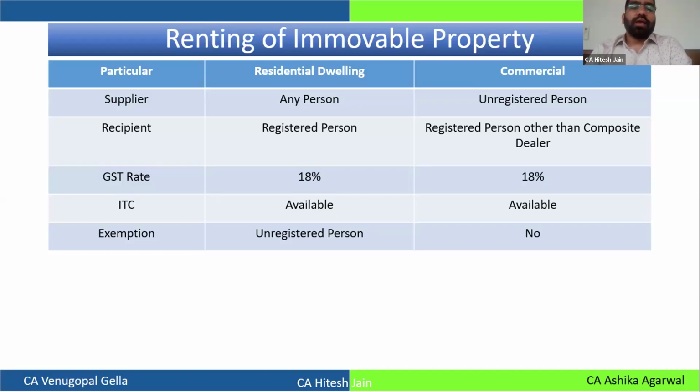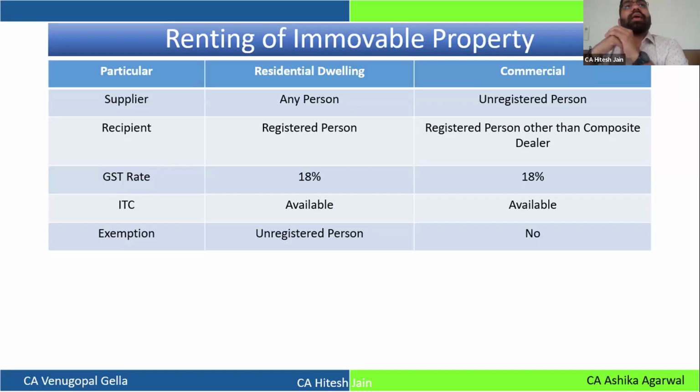Now we need to know that in case I am letting out a residential dwelling to any unregistered person, then it was exempt from day one since the GST came into picture. Now, when a residential dwelling was being let out to any registered person, then very recently, around 2 years back, from 18th July 2022, this entry came into the purview of RCM.